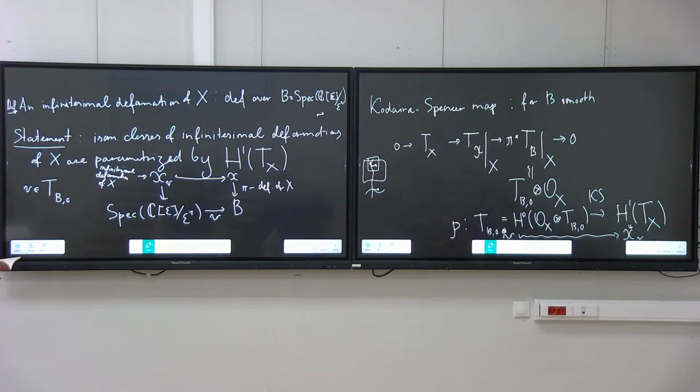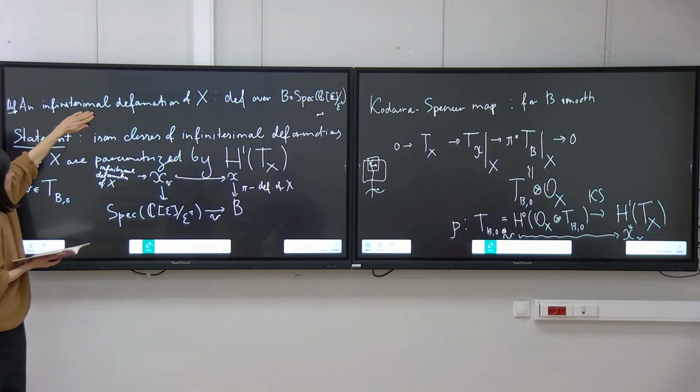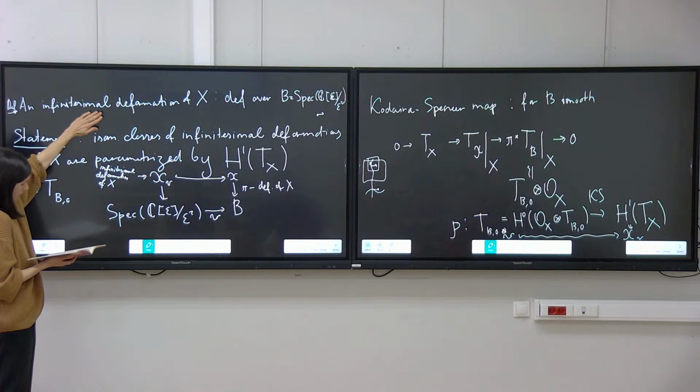Maybe last time we discussed fine moduli spaces and coarse moduli spaces, and maybe I should say why infinitesimal deformations are important for fine moduli spaces.